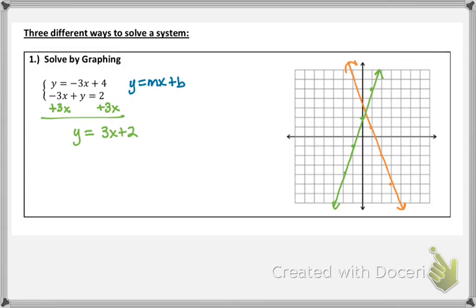Okay, so now it looks like my point of intersection, the point that satisfies both equations, is right here. Only problem is this point is kind of hard to identify, and that's one of the drawbacks of solving by graphing. It's nice when the two lines intersect at the corner of a grid, corner of a square, so that we can identify clearly exactly where that is.